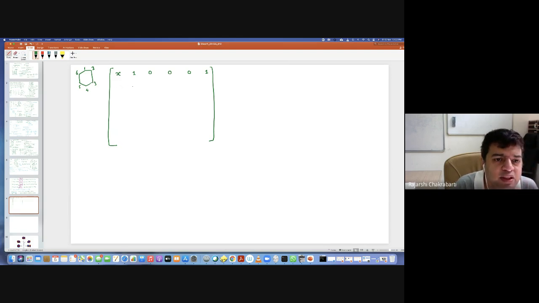Now you know that all the diagonal elements are going to be x. This is fine. And if I go to 2, 1, this is 1. What about this one? This one is 0.